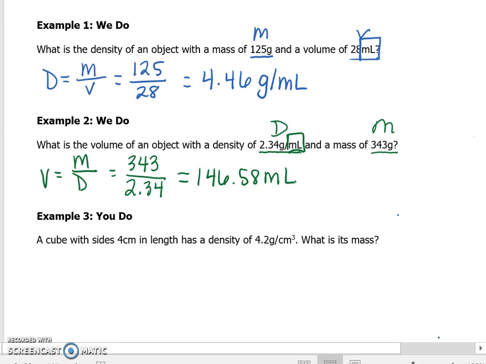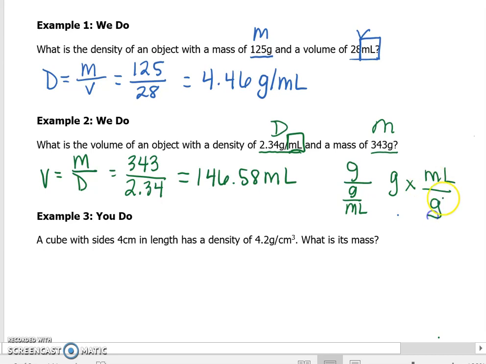Now, for those of you who care, how did I get that? Well, if I look back, I was doing mass, which is grams, divided by density, which is grams per milliliter. And remember from our math quiz that when we are dividing fractions, we would really be multiplying times the reciprocal.